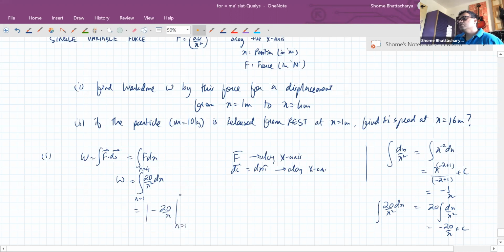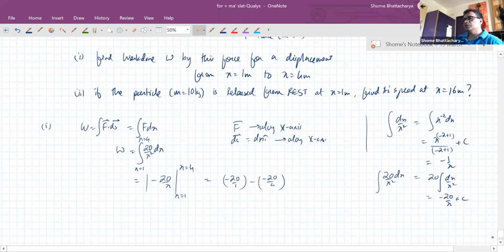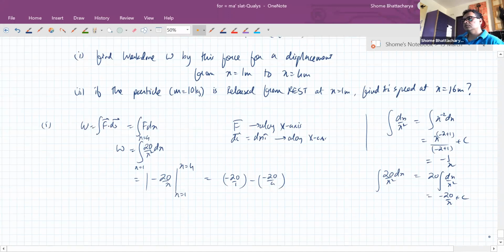Now we have to put the limits x equal to 1 to x equal to 4. So our upper limit becomes minus 20 by 4, our lower limit becomes minus 20 by 1.